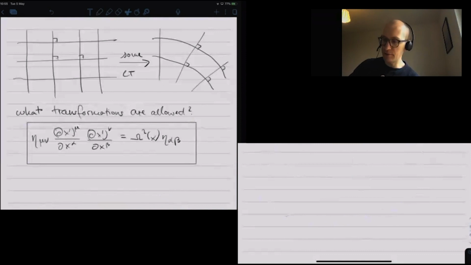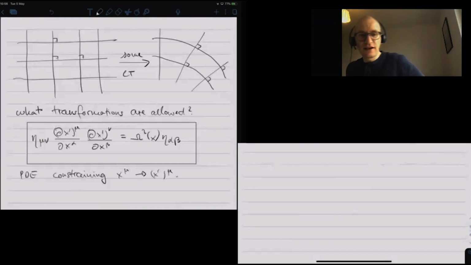Okay, clear to everybody? I think so. So what we have is a differential equation. It's a PDE constraining the map x mu to x primed mu.